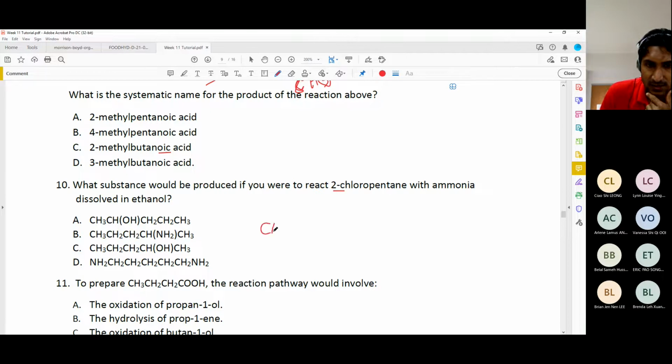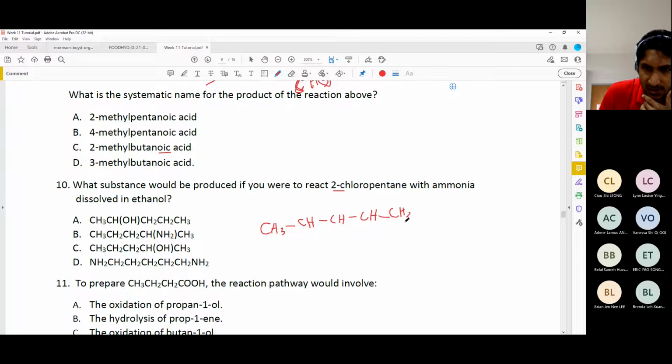So CH3, CH, ethane, propane, butane, pentane, CH.